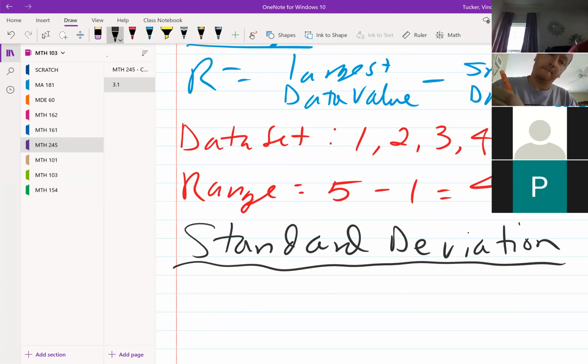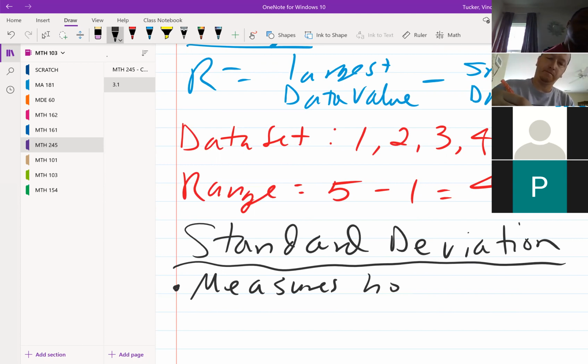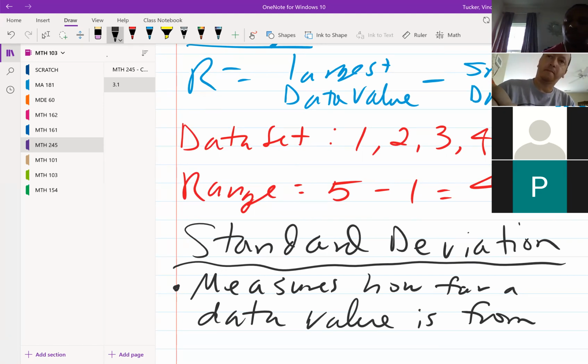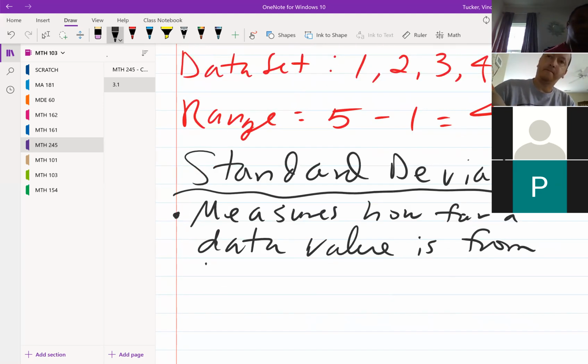Okay, so your standard deviation measures how far a data value is from the mean.